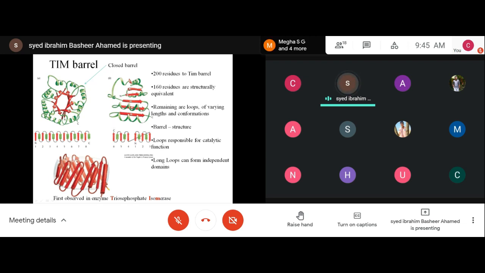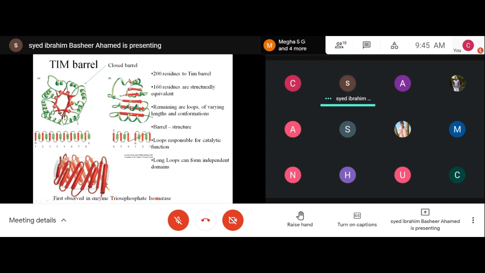Here you can see the loop region on the top of the barrel as well as the bottom of the barrel, and the length of the loop will be varying. Sometimes it will have just 2 or 3 residues, or maybe 10 or 15 residues, depending upon the protein. So the loop region will be varying, and the conformation also will be varying.